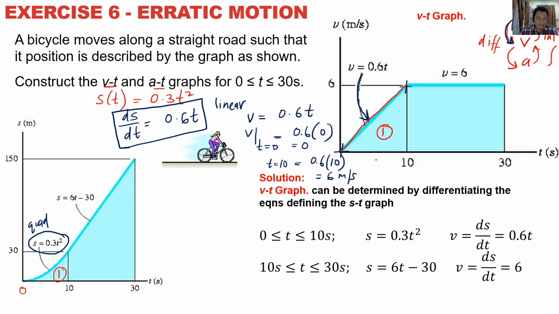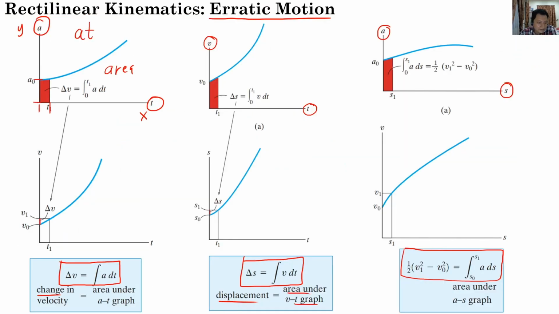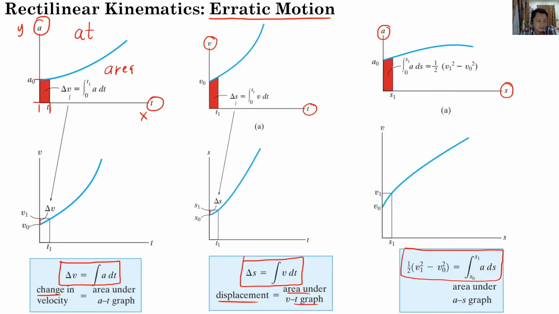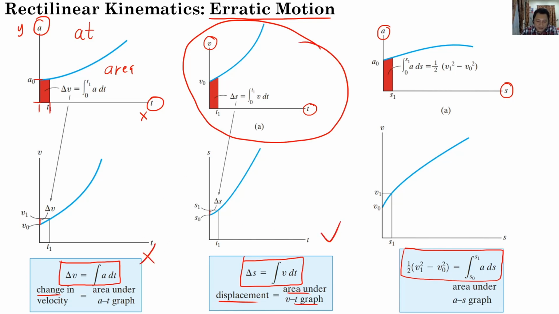What is the area under the graph? How can you describe this? Area under the graph for Vt. Change in velocity? No, this one is AT. Vt is the one you have just constructed. So the area under the graph is actually displacement.